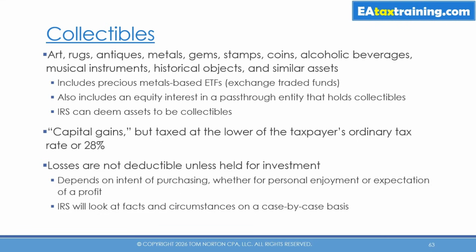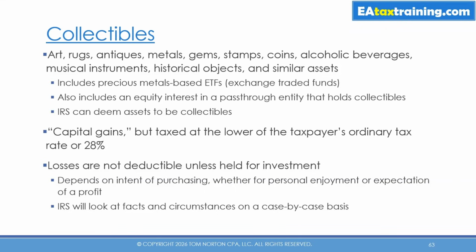But if you're just collecting them, when you sell it, any gain or loss is going to be a capital gain or loss. But this is one of those asterisk items on that capital gains chart. It's for collectibles. If you have a long-term capital gain from selling a collectible, it will be taxed at the lower of the taxpayer's ordinary tax rate, or 28%.